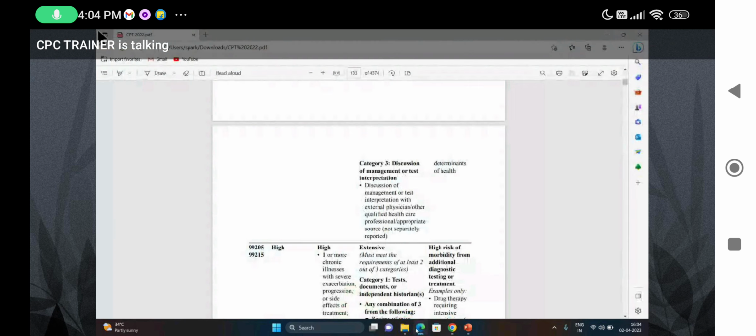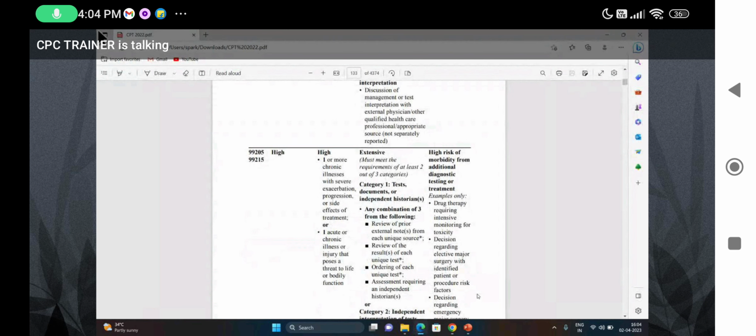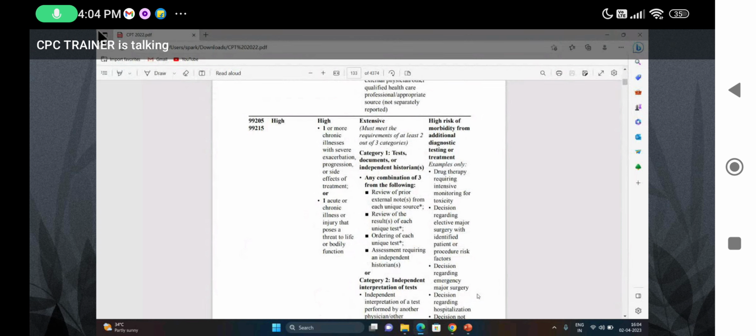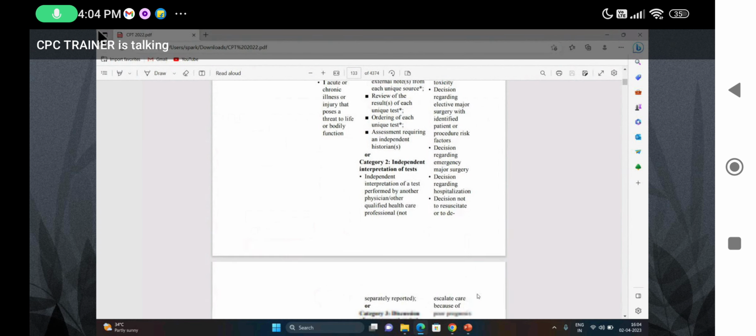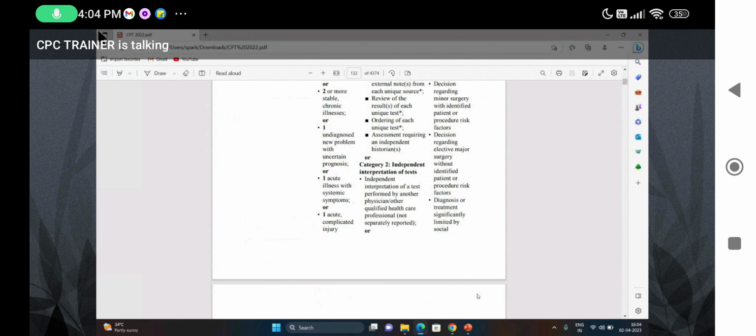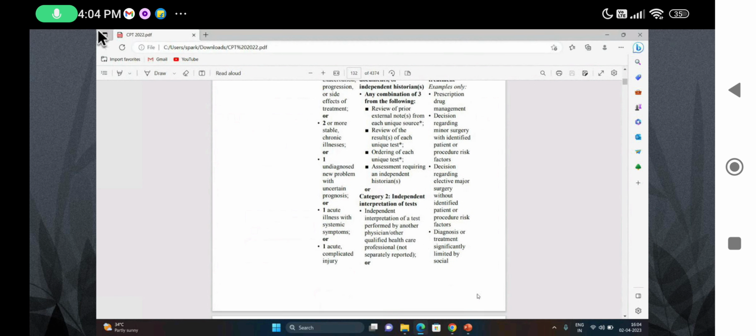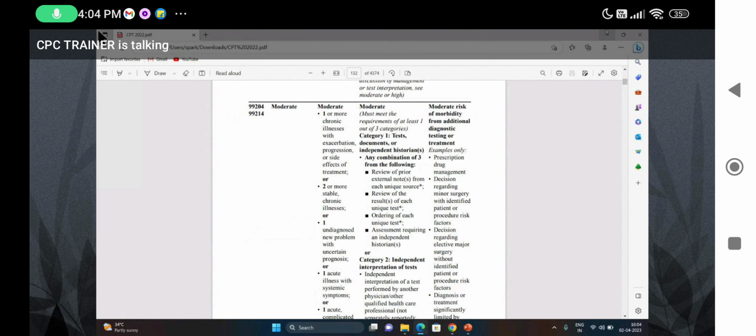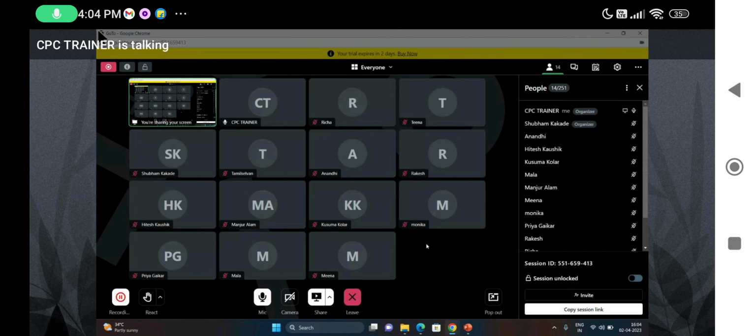If you want to code high level MDM, if the provider orders any major surgeries, and if we receive such documentation, you directly consider it as high level MDM.